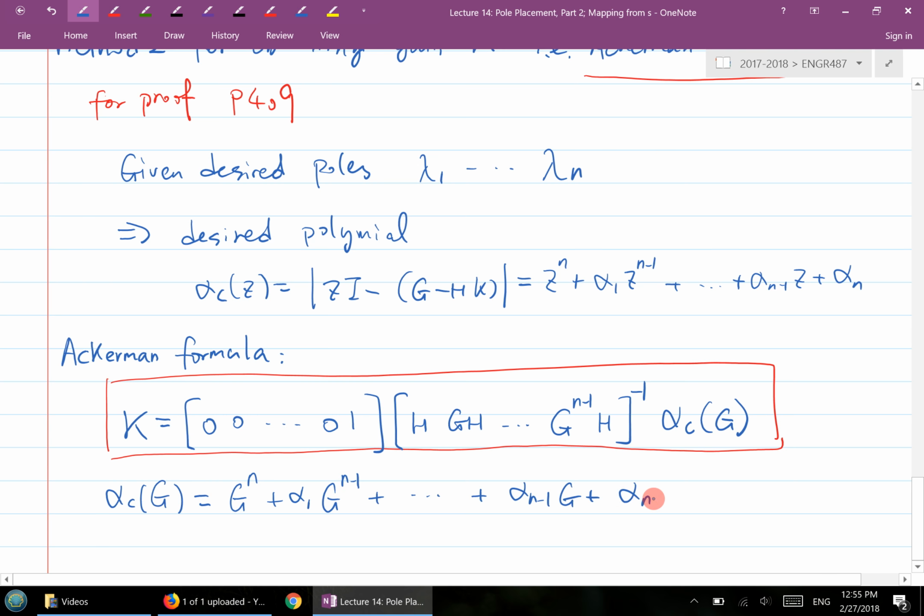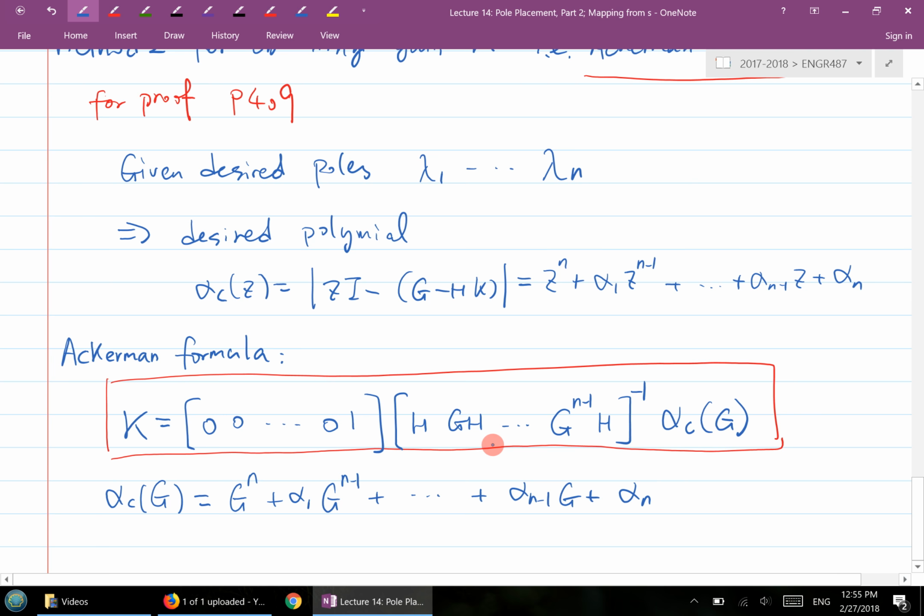So that's the polynomial alpha c of G. G is a matrix, and alpha 1 to alpha n are scalar constants. When you put things together, you get another matrix here. So that's Ackermann's formula. It's a very elegant formula and easy to use. For G, it doesn't matter what format it is. You can always plug in, and you get your gain matrix K.